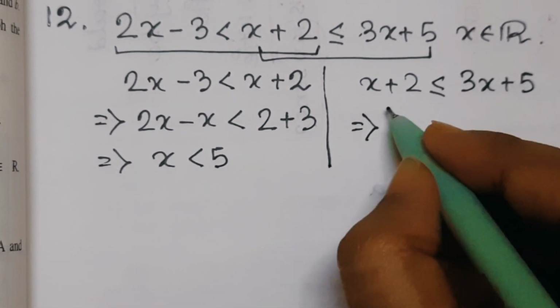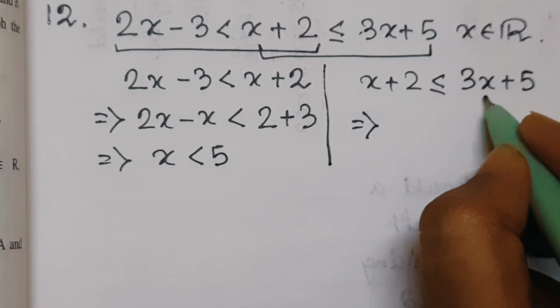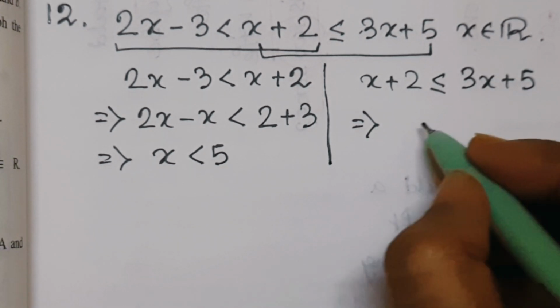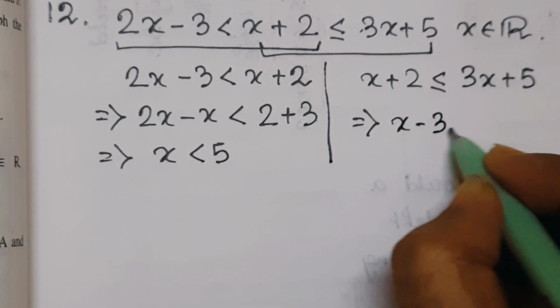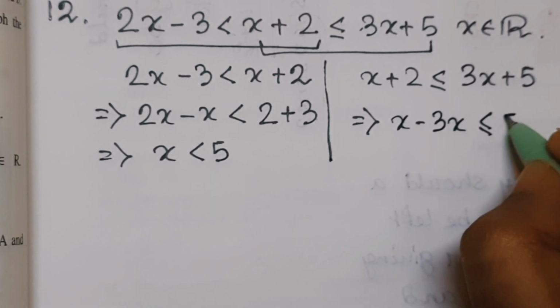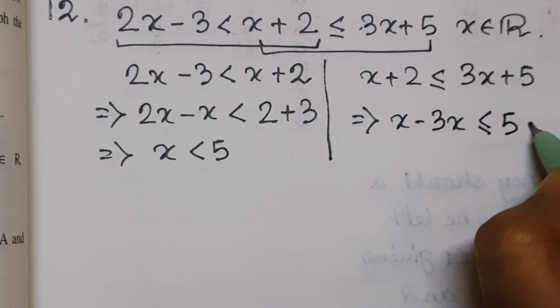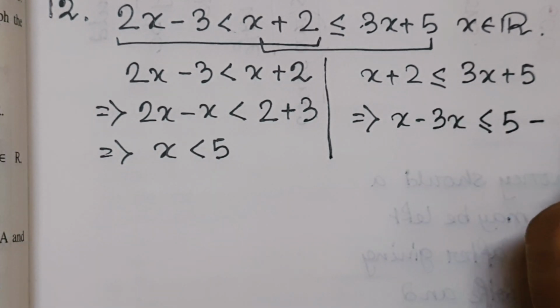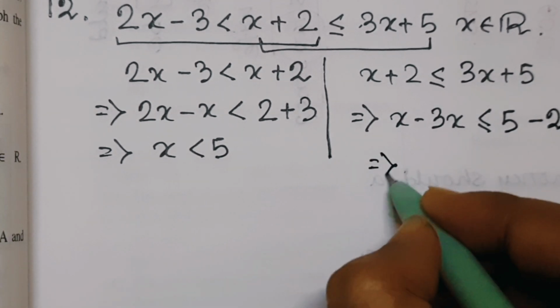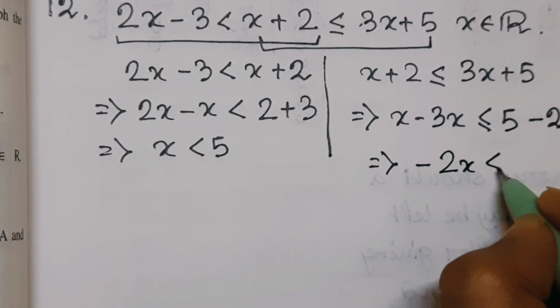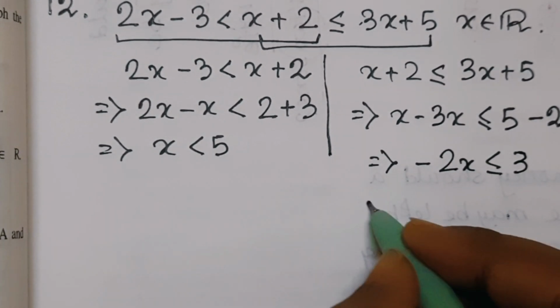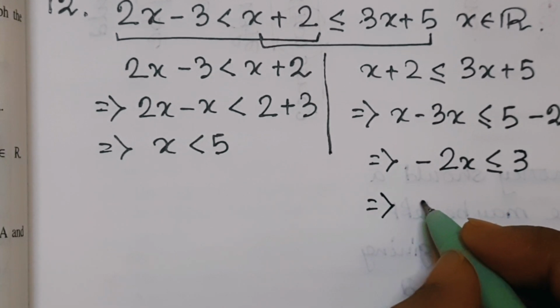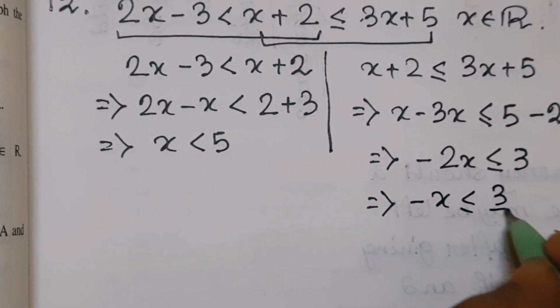If you transfer all the variables to one side, you will get x minus 3x is less than or equal to 5 minus 2, so minus 2x is less than or equal to 3. Now minus x is less than or equal to 3 by 2.